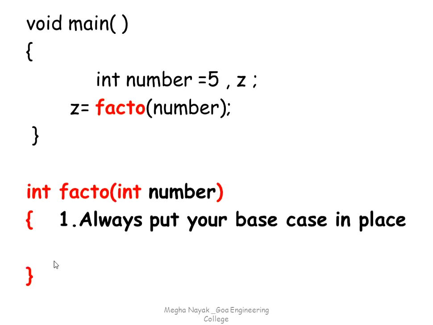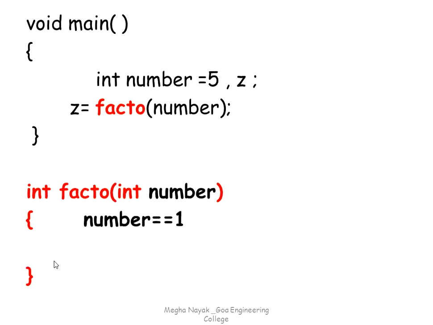Whenever you are writing a recursion function, point number 1, always remember that you have to put your base case in place. If you don't do this, you will write a very faulty code. The base case that we saw is that it is going to stop when the number is equal to 1.